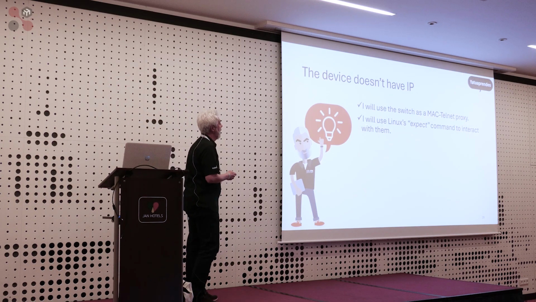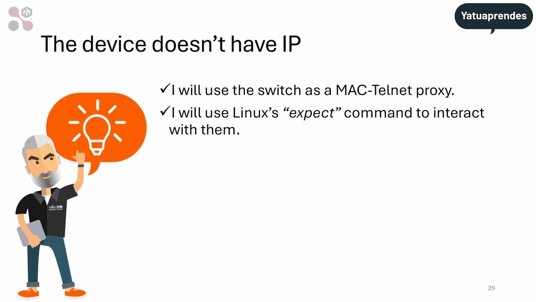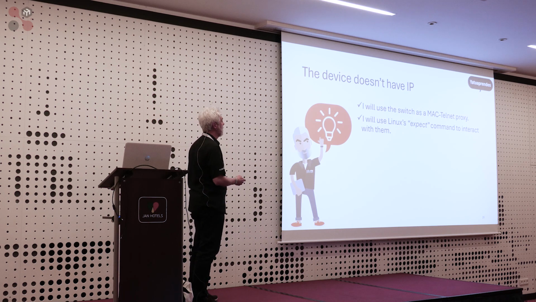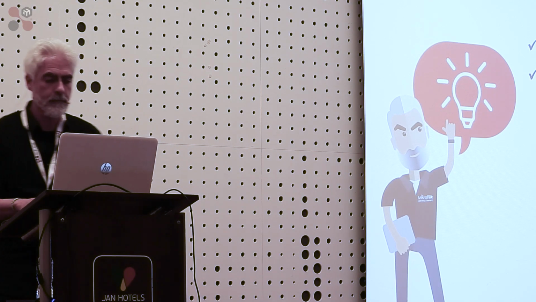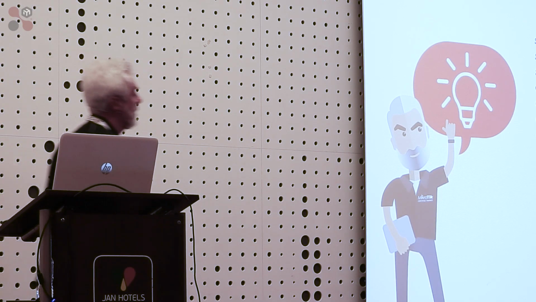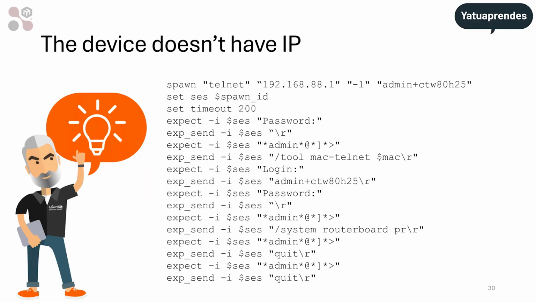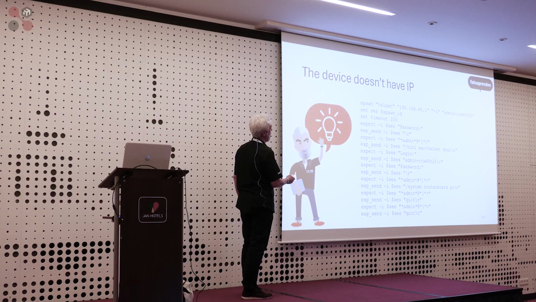Then I will use the switch as a MAC telnet proxy to access our target devices. I will use the Linux expect command to interact with them. This is a basic script to connect to the switch with the user and a blank password.